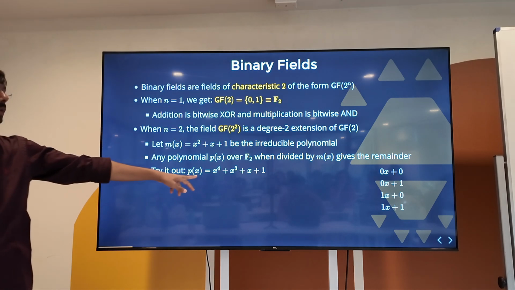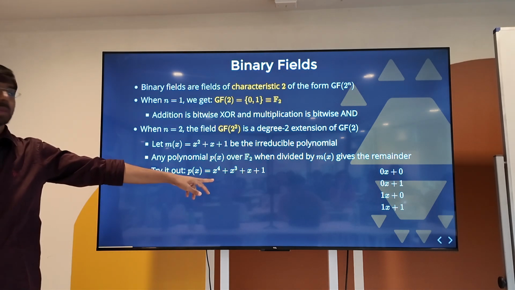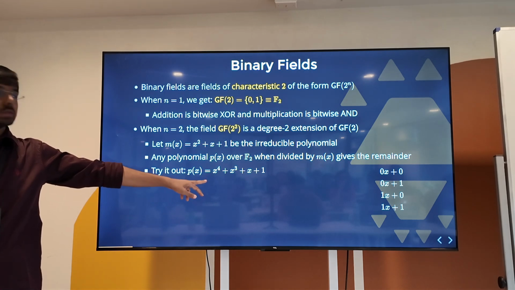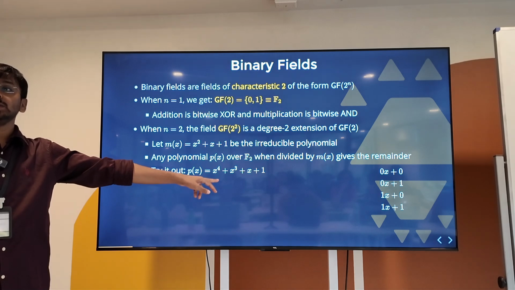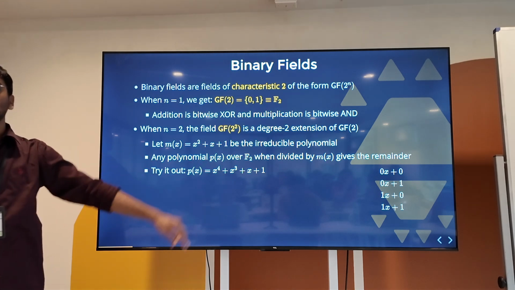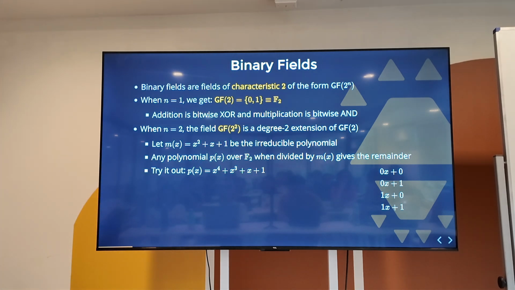You can see all of the coefficients are 0 or 1. The coefficient of x to the power 4 is 1, x to the power 3 is 1, x to the power 2 coefficient is 0, and then again 1 and 1. So this is indeed a polynomial over your base field.